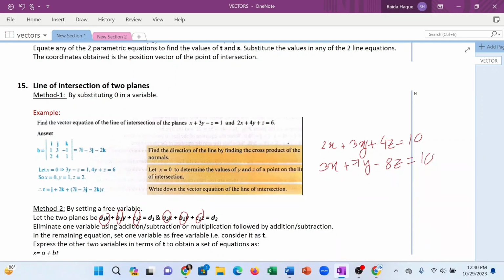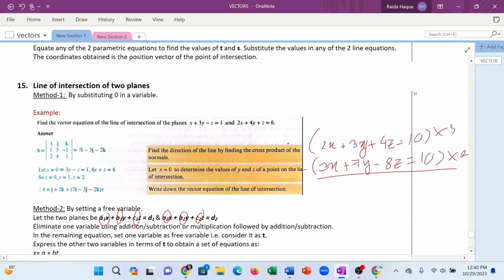So over here, what can you do? To eliminate one variable, you can simply multiply this with 3 and this with 2 and then do subtraction and then eliminate x, right? And then you will get an equation in y and z only.